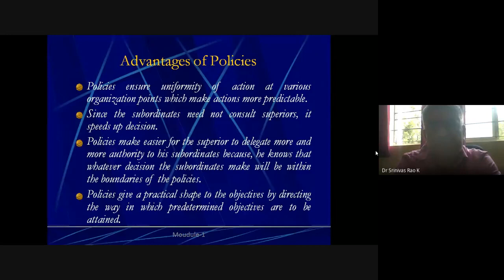Policies make it easier for a superior to delegate more and more authority to subordinates because he knows that whatever decision the subordinate makes will be within the boundaries of policies. Absolutely. See, when you are a boss and you have 10 processes to undertake, you have 10 teams under you, you make different policies, 10 policies for each team, and hand them out. Okay, these are the policies.